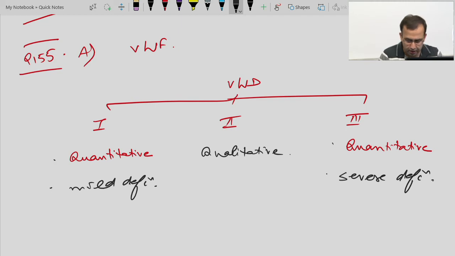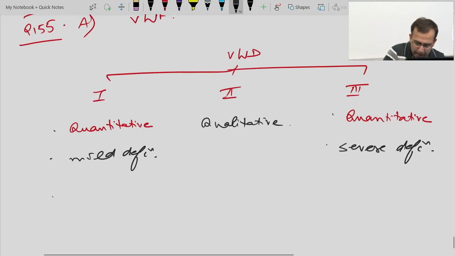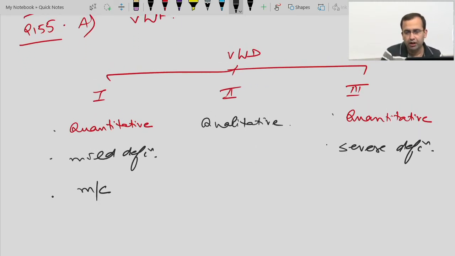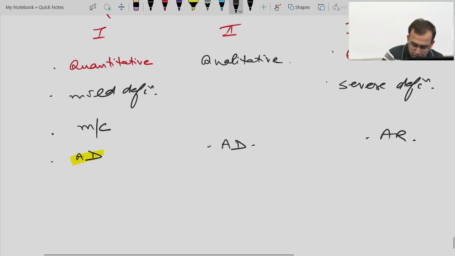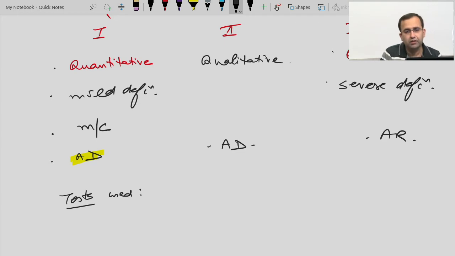Next point, which is the most common? Type 1. Type 1 and type 2 are autosomal dominant in nature, whereas type 3 is autosomal recessive. So if you are asked the inheritance pattern of von Willebrand disease, it is autosomal dominant, because the most common is type 1. Next, the tests used for von Willebrand disease.